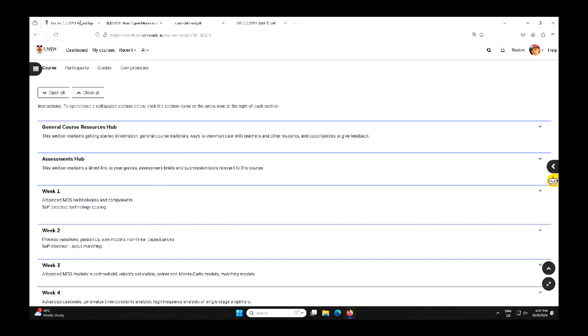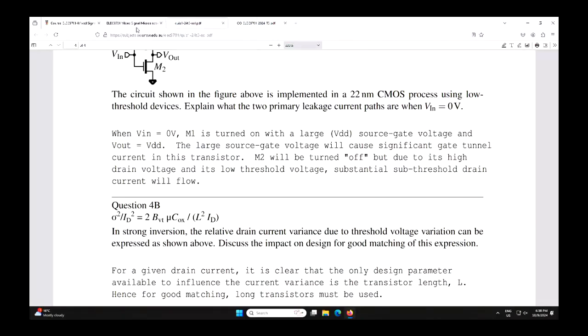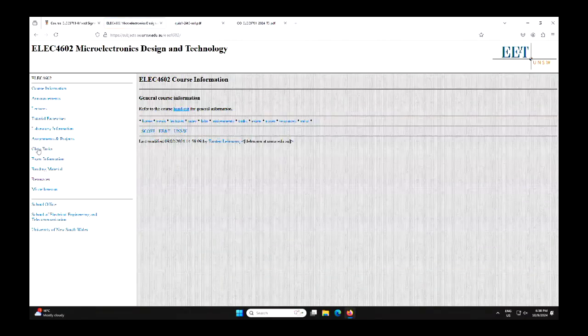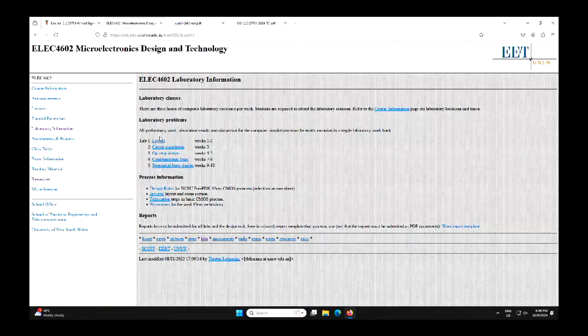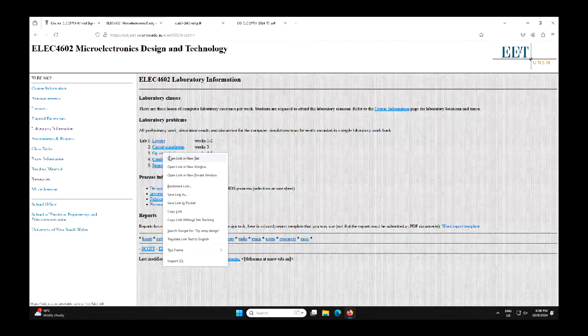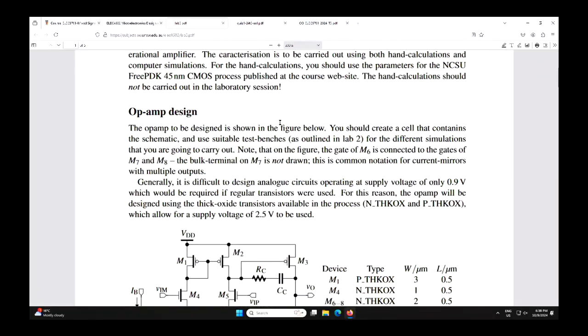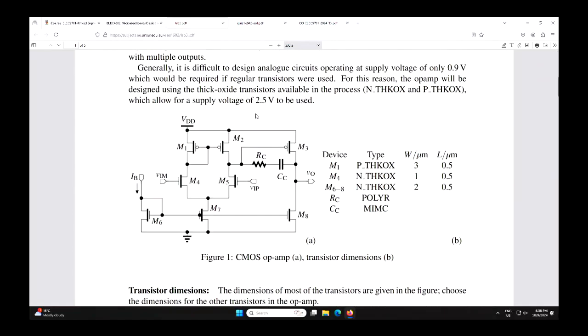Here is your typical two-stage op-amp with a differential pair, with a long-tail current source and a current mirror load, that feeds into a common source amplifier, which has an active load as well. So a current source like that.